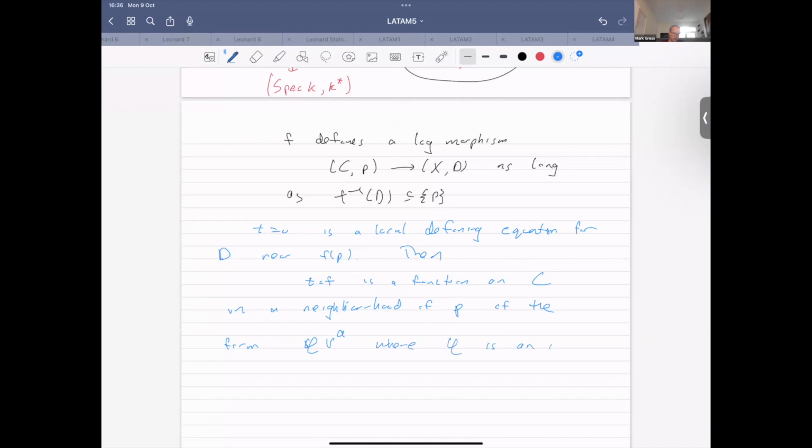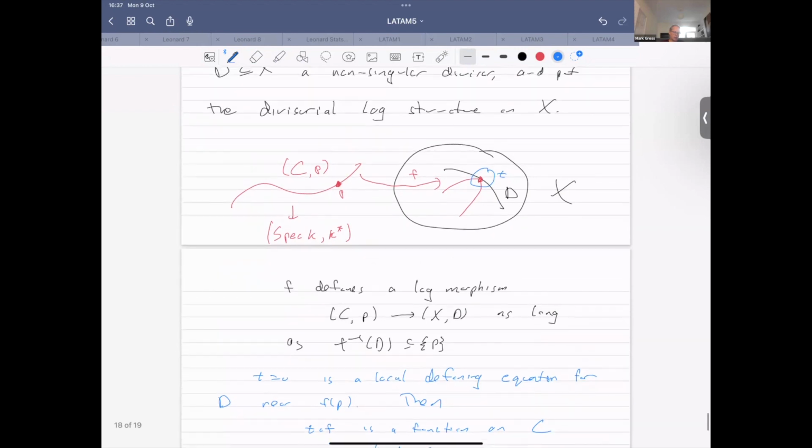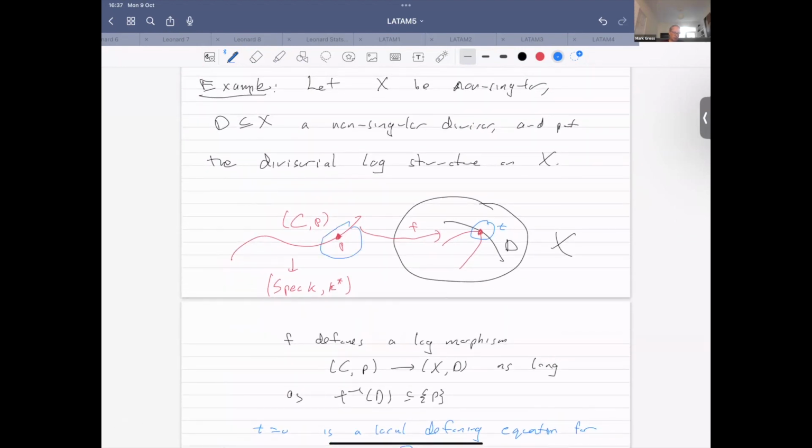Phi is an invertible function, and v is a local coordinate on C, vanishing at P. Okay, so we have this function t. This pulls back to a function in a neighborhood here of the form phi times v to the a. These things are elements of M_X and M_C, respectively.